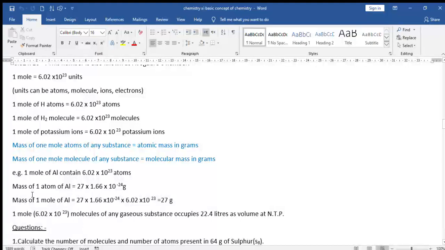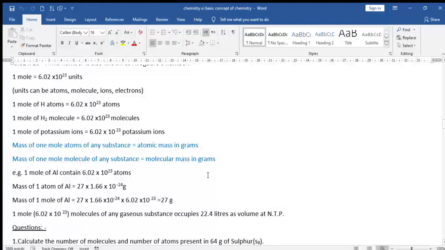As the mass of 1 atom of aluminium in gram is equal to 27 into 1.66 into 10 to the power minus 24 gram, the mass of 1 mole of aluminium is equal to 27 into 1.66 into 10 to the power minus 24 into 6.02 into 10 to the power 23.